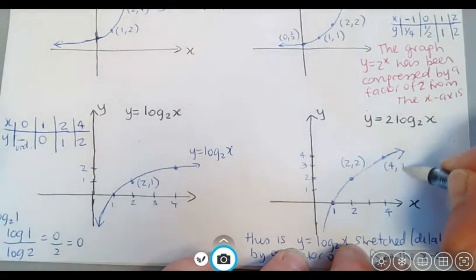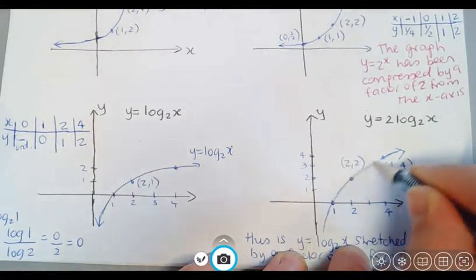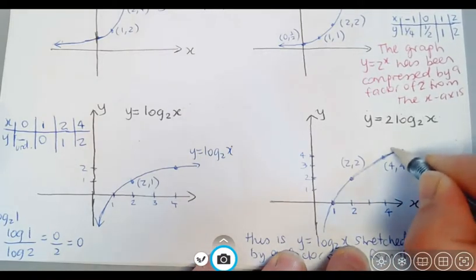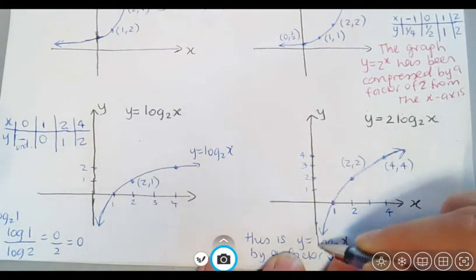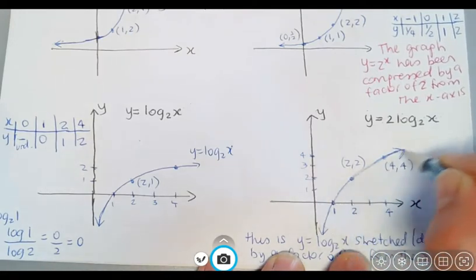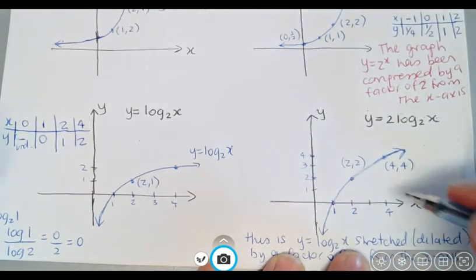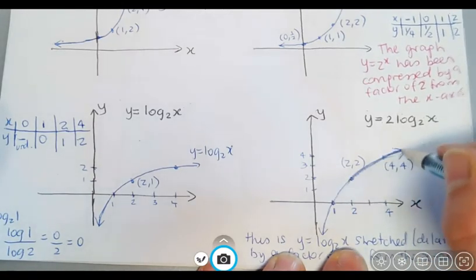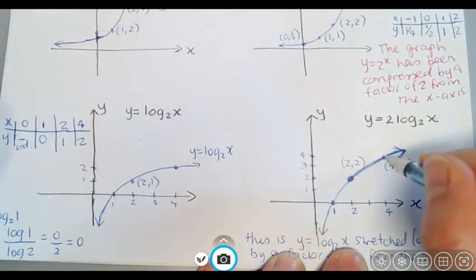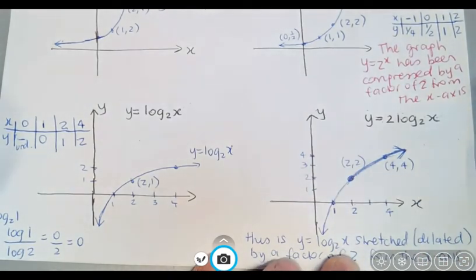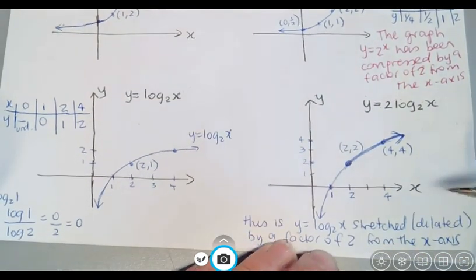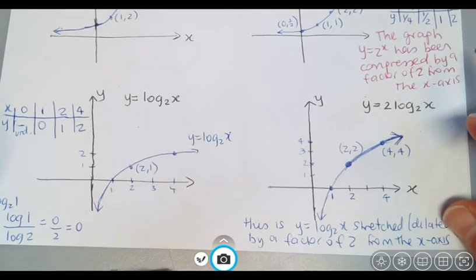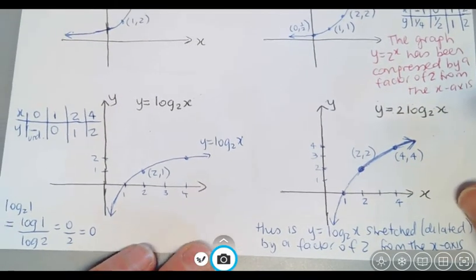This is the point (4, 4). Please don't draw a straight line between there and there. You've got to keep that shape. That logarithmic curve looks like this. It is not a straight line graph, so just make it a bit more rounded there. Okay, so it's passing through (2, 2) and (4, 4). So this is y equals log to the base 2 of x stretched or dilated by a factor of 2 from the x-axis.